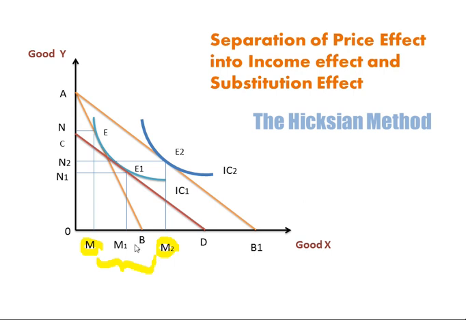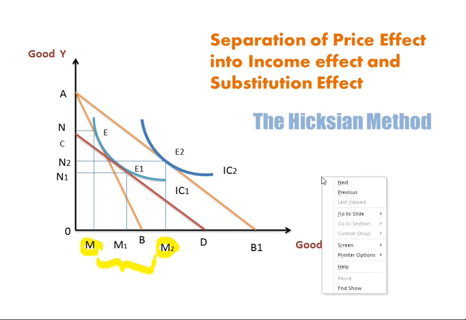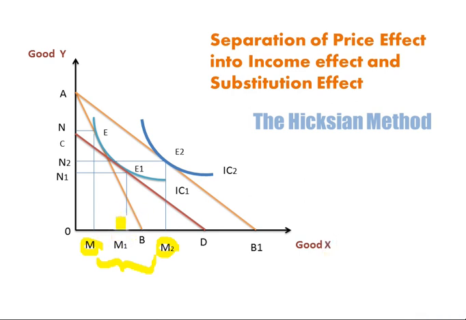But look here, instead of buying OM units, now the consumer is buying OM1 units of X. So there is a movement from E to E1, and from M to M1.